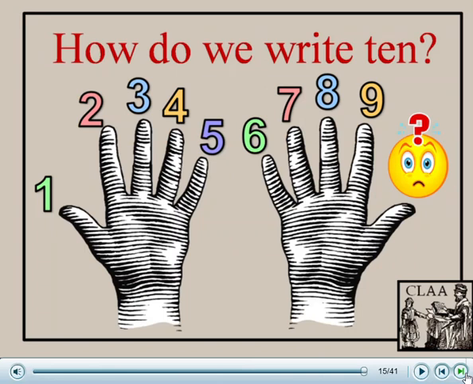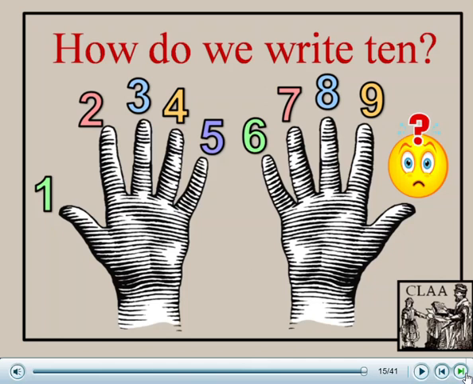Let's take a look at your fingers. Hold your fingers up like you see them on the screen, and we'll count your fingers and see what happens. 1, 2, 3, 4, 5 fingers on one hand, 6, 7, 8, 9, and what's next? 10.